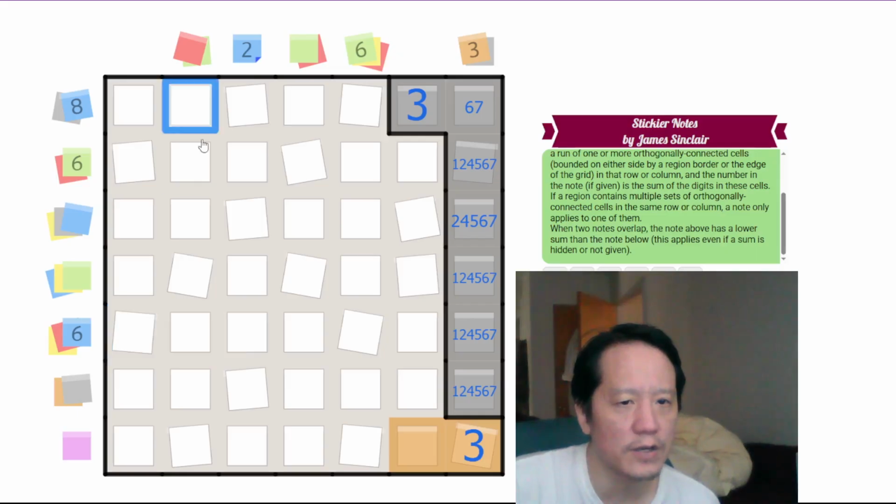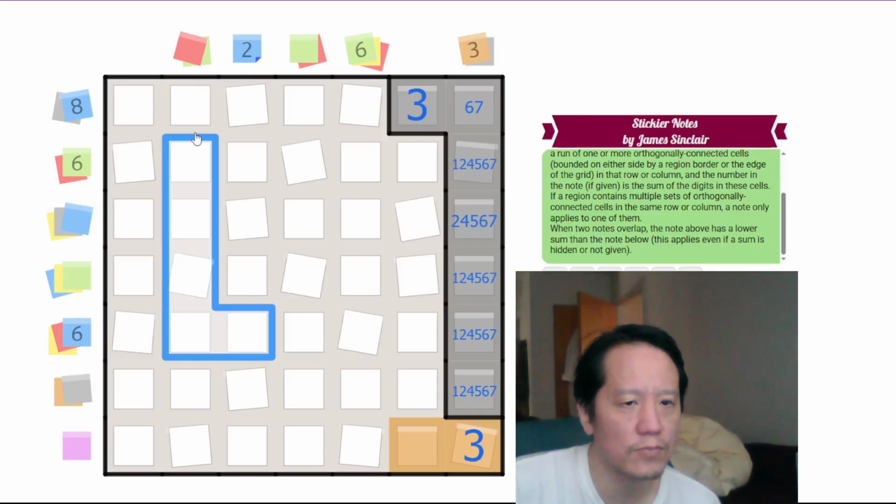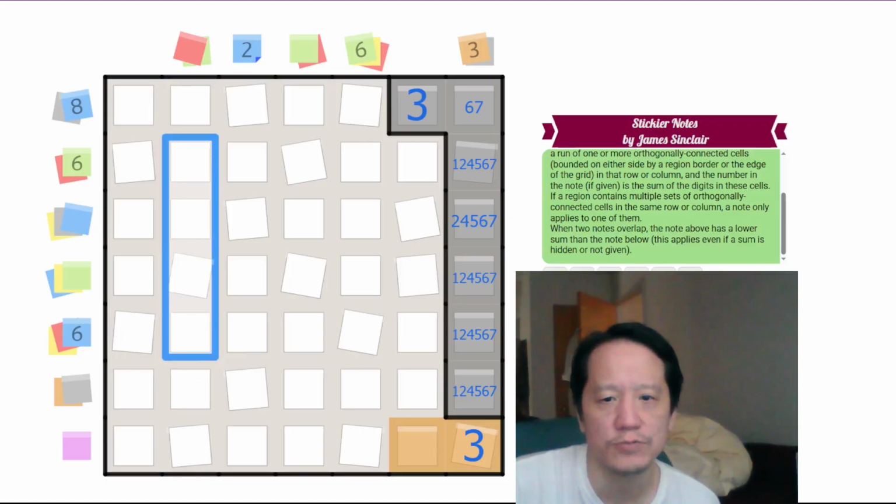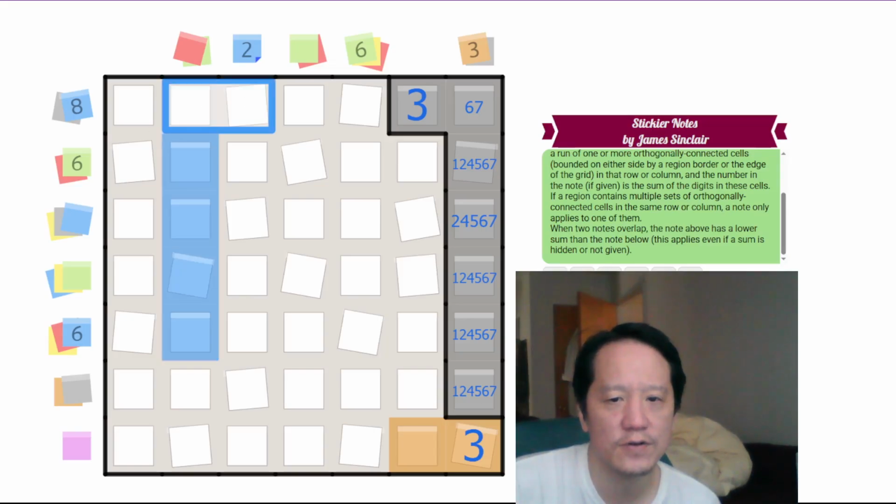You can't have 4. Let's try to have 4 and show what happens there. So say we have, like, 5, something like this. That's not gonna work. This is problematic because 2 and 6 add up to 8, and then you can't have a 6 here by itself.